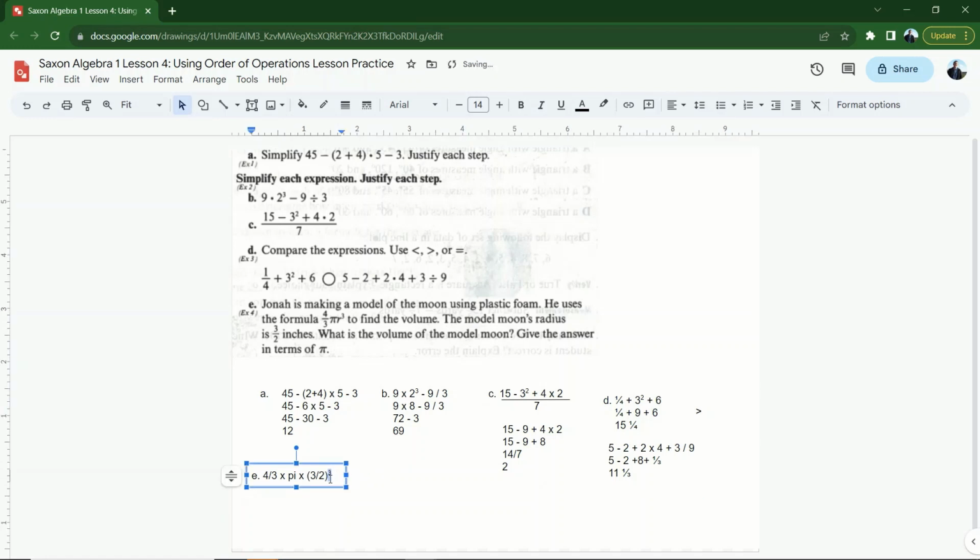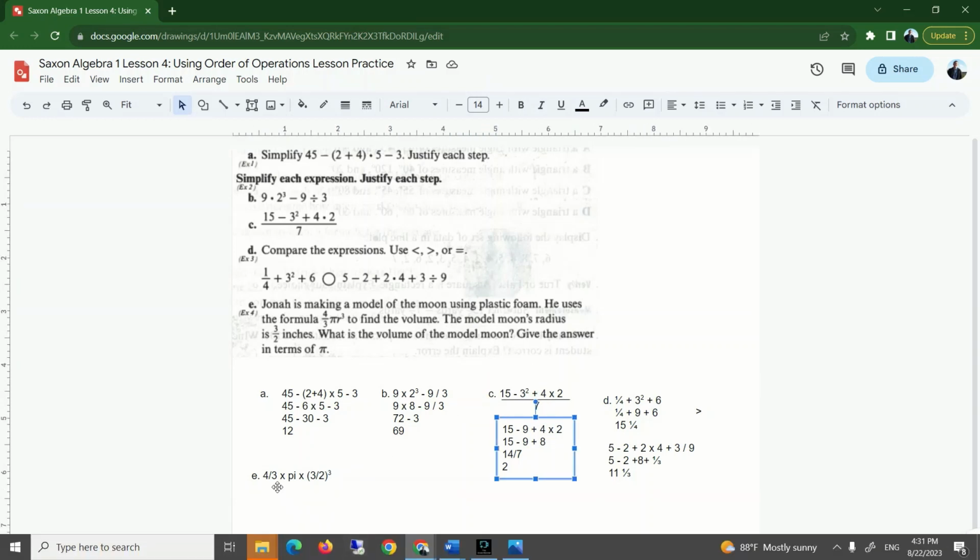So what I'm going to do next is take that 3/2 and make an actual fraction-looking fraction out of it, using the same method I used up here. So let me just make a quick text box that has 3/2. And then we're going to make this look like a fraction. And then I'm going to copy this fraction because we're multiplying it by itself 3 times.